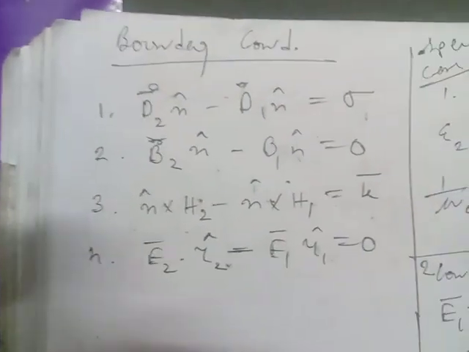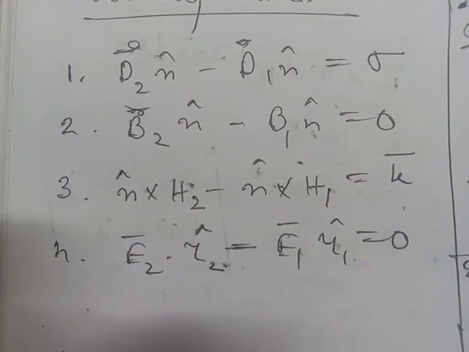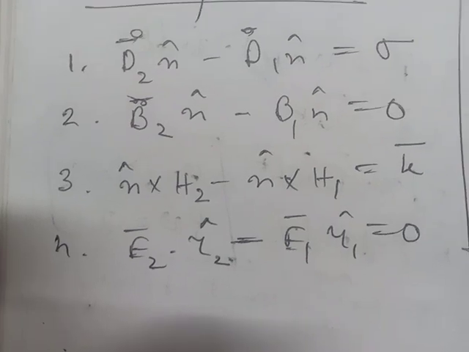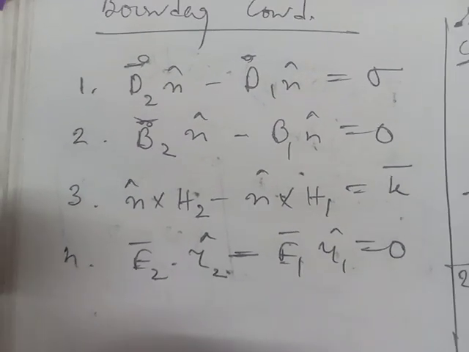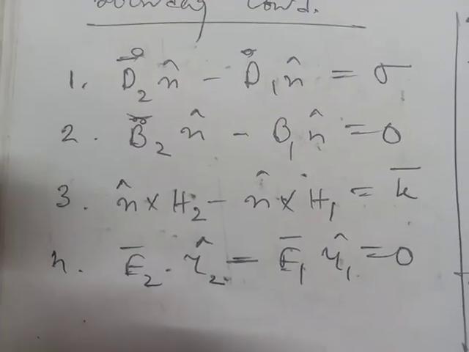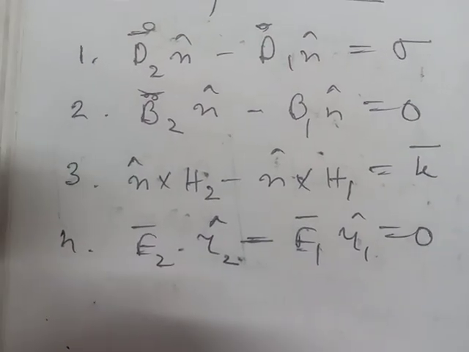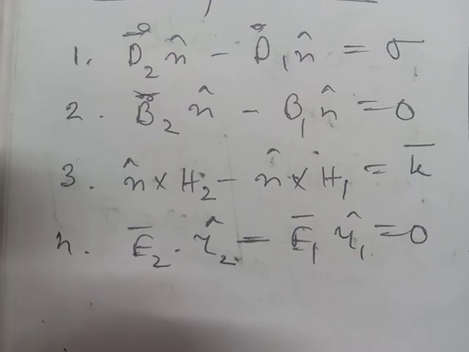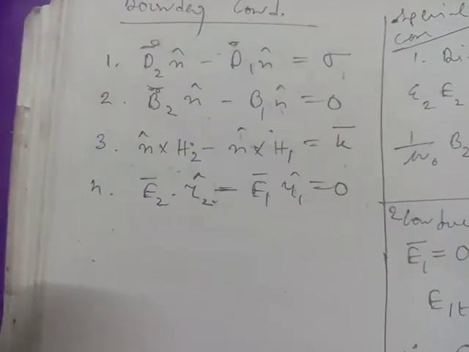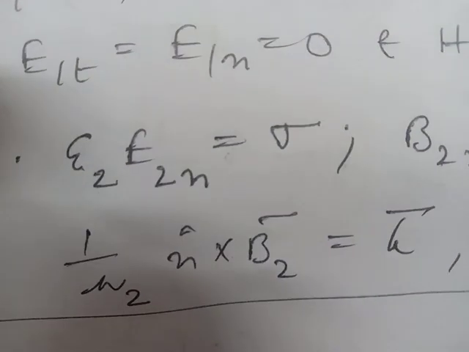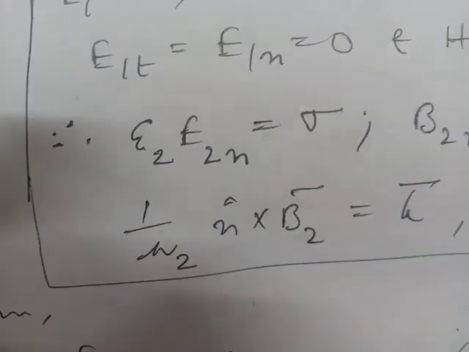Just imagine this case. If E1 is 0 in the first equation, D1 is 0 because it is in the conductor, then D2 n cap equals sigma, which refers to D2 equals epsilon E, so epsilon 2 E n cap equals sigma. That is the normal component of the electric field.